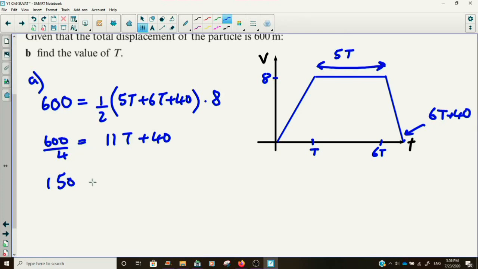Let's take that 40 over to the left hand side, and that's going to give me 110 on the left. And if we divide by 11, then we get 110 over 11, which is 10. Okay, so the value of t is 10 seconds.